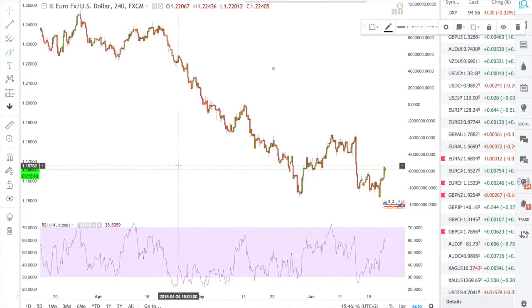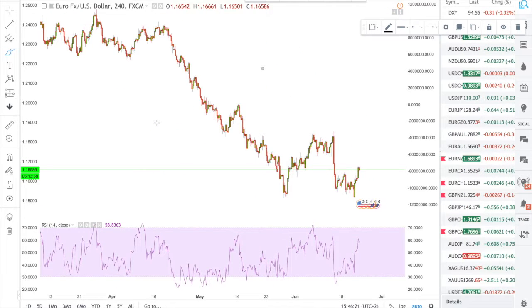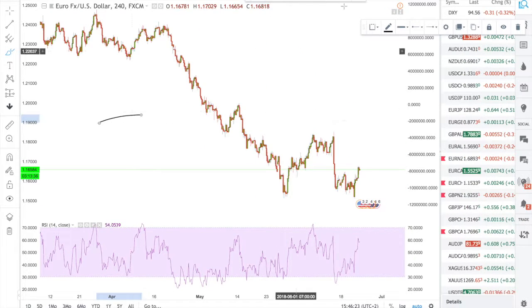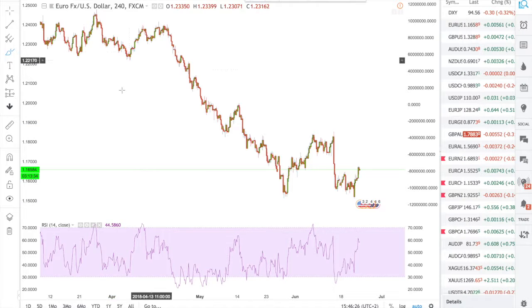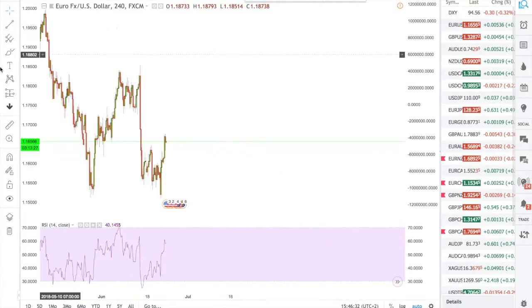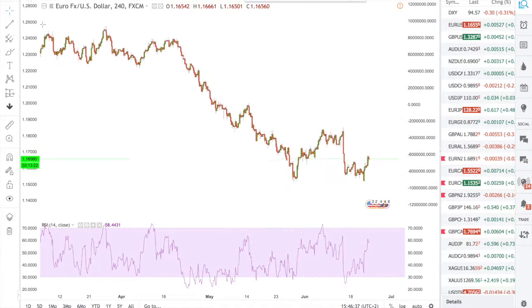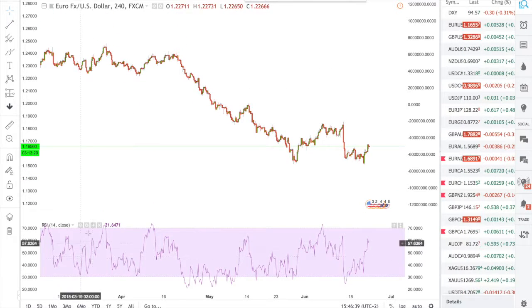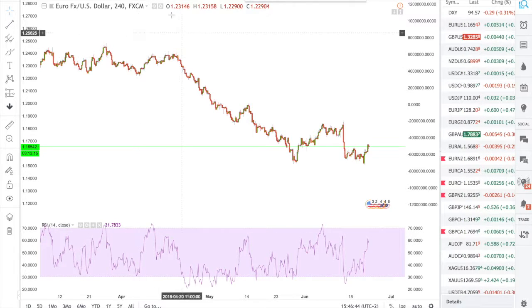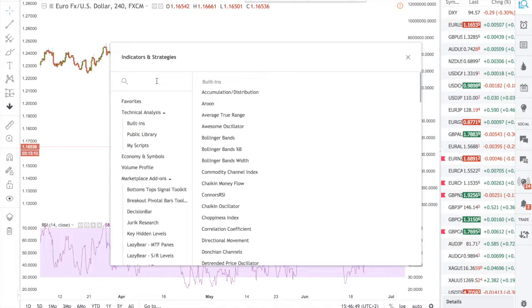All right, then let's try to analyze some charts. If you want to move the chart, you just press on the chart, and then you can move it around, left and right. If you want to make it smaller, you can do it here. And if you want to see more indicators like RSI or Ichimoku, you can select them here and fill them in.